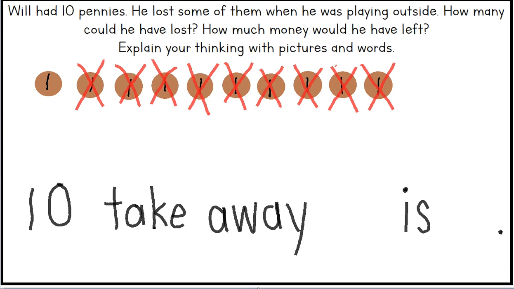But it says he only lost some. So he could have lost 1 penny, or 2 pennies, or 3, or 4, or 5, or 6, or 7, or 8, or 9. But I don't think that he could lose all of the pennies, because again, the problem only said that he lost some of them.